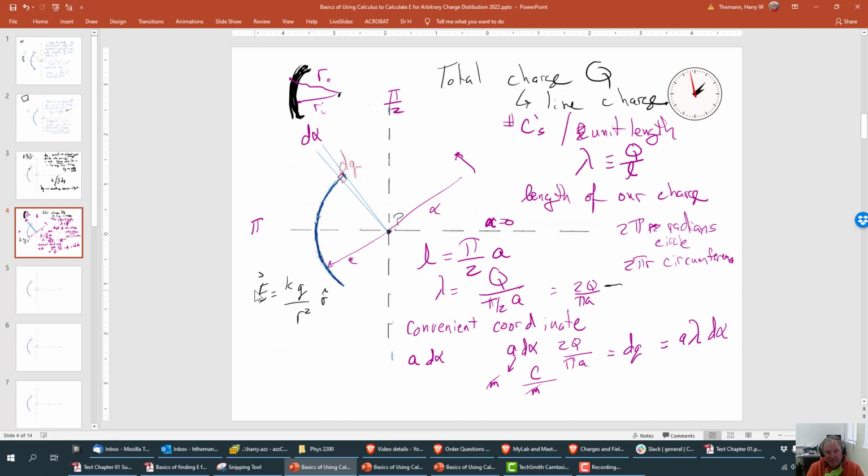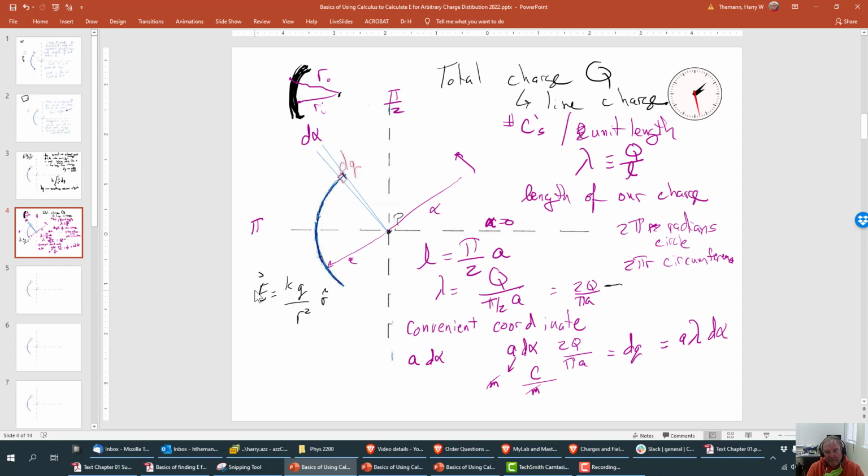So I put it all together. I double check my units. So I got meters, and then d alpha is some angle, but we have meters from a, and then we have Q times the amount of coulombs per length, and it works out.